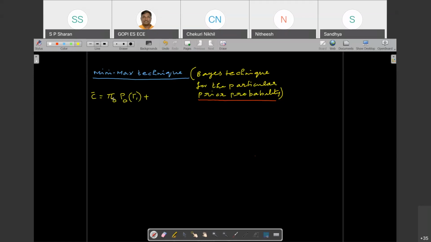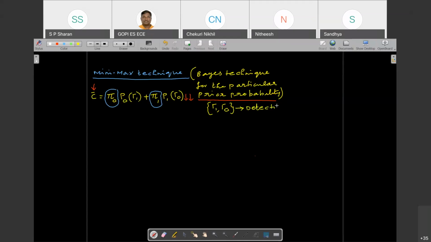The problem is we need this, then only we can actually find this gamma naught and gamma 1. That is what we call the design of a detection block.